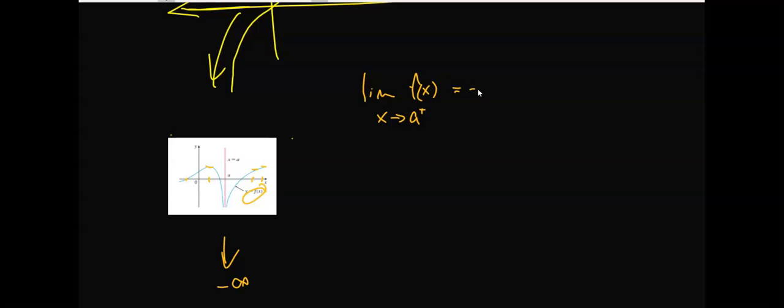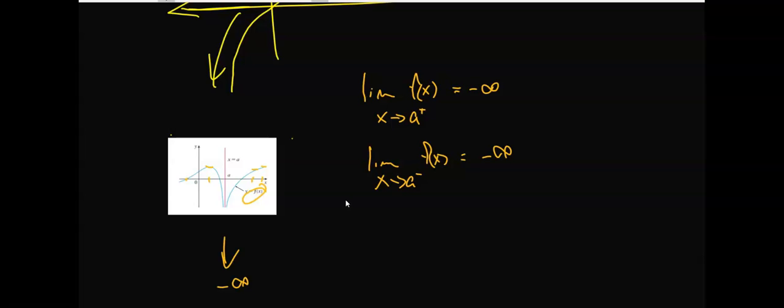So we're going to write minus infinity there. And then what if we do it from the left? Well, I think the same thing. As we move in from the left, the same thing actually. I mean, they could have drawn it to go up here, but they drew it to go down here. So it's also equal to minus infinity.